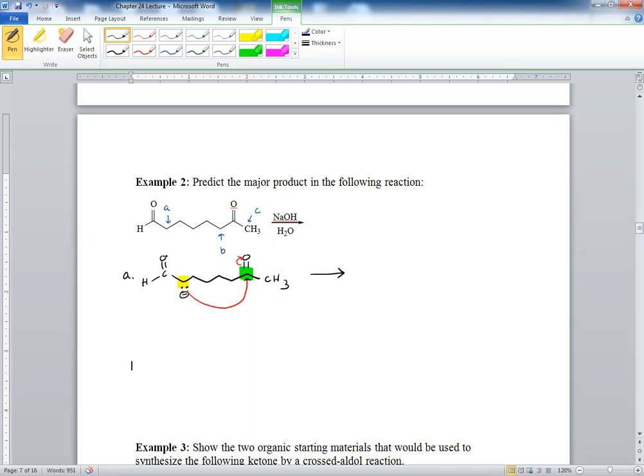Start with the aldehyde here. I'm drawing it this way because you're going to be able to see it. Imagine that it's reacting and then this molecule is closing in. So here's yellow. Here's green.